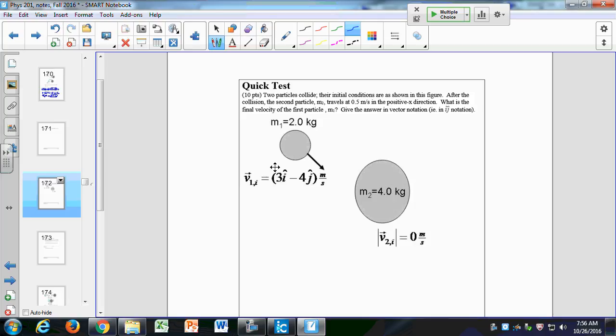Notice you'll just have one momentum term to start because this M2 is initially at 0, so it has no momentum at all.